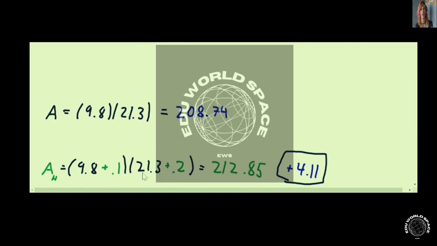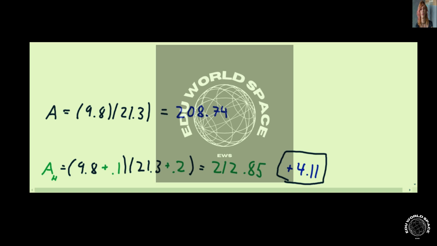That gives us 9.9 times 21.5, which is 212.85. We subtract 208.74 from this value, and we see that we have an additional 4.11 centimeters in this high value. So this is one value, and this could be one of our values of uncertainty.